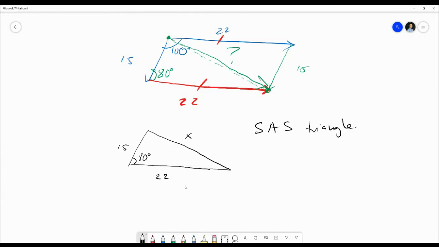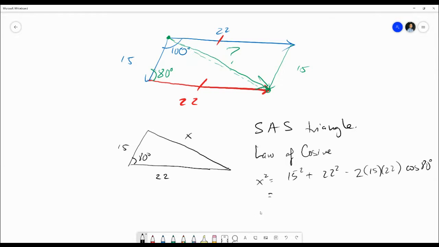Okay, using what? Anybody? What can we use to solve a side angle side, Mai? We use the law of cosines. All right, so remember the law of cosines: x squared equals 15 squared plus 22 squared minus 2 times each of these sides times the cosine of 80 degrees.